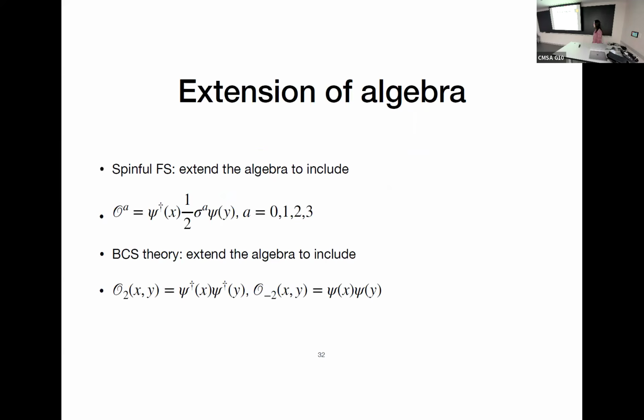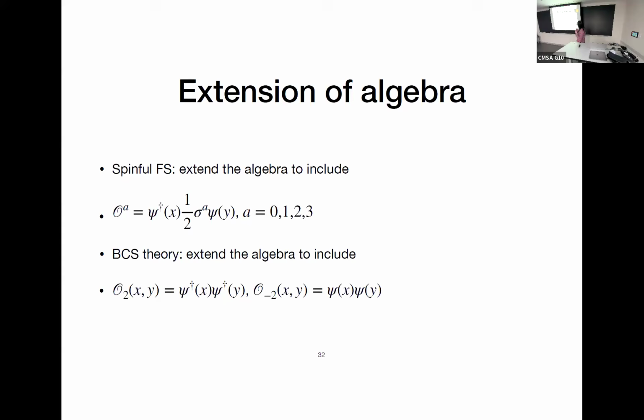Okay. So one can also think about some extension of the algebra. For example, in the spinful Fermi surface, you can extend the algebra to include those.